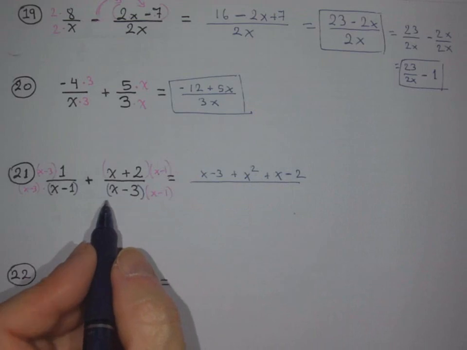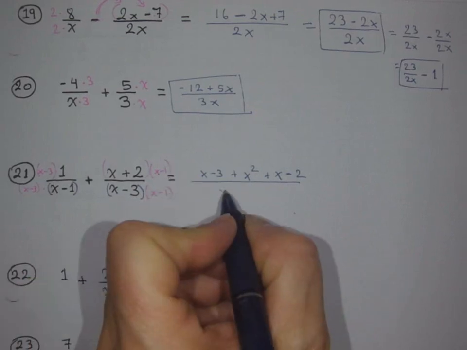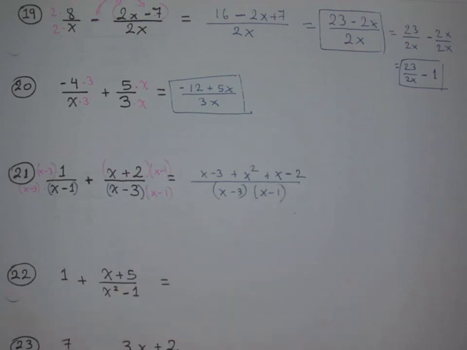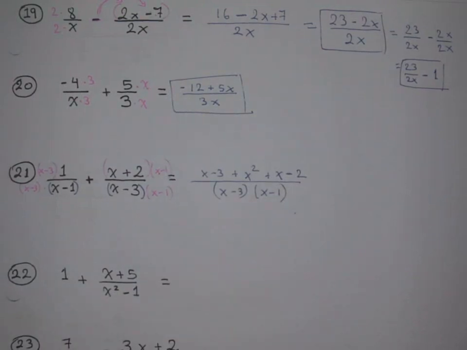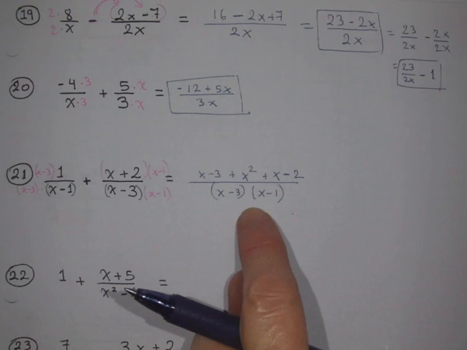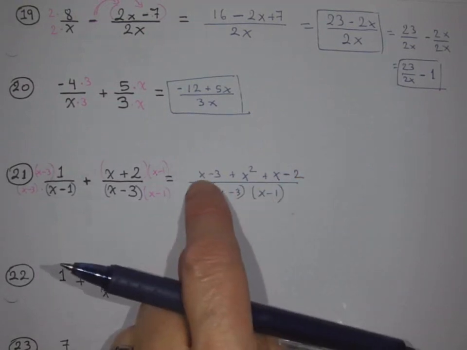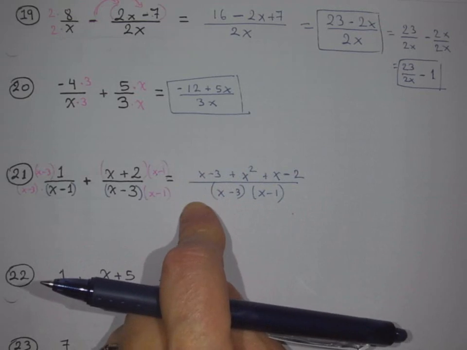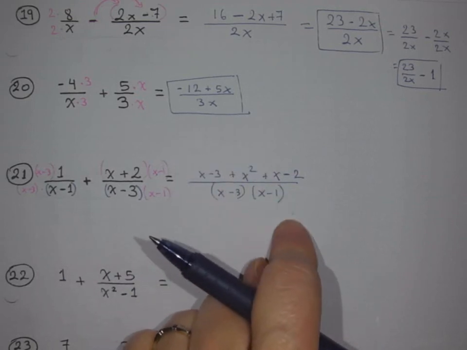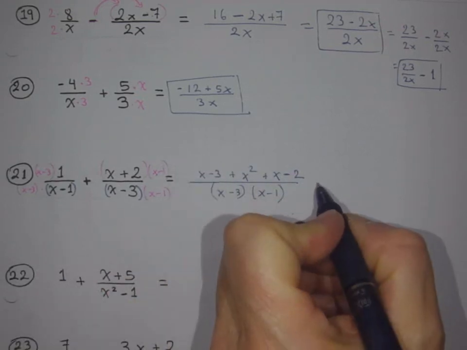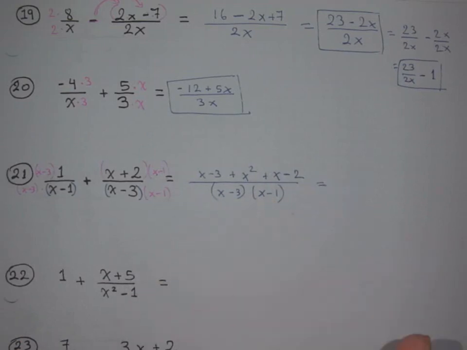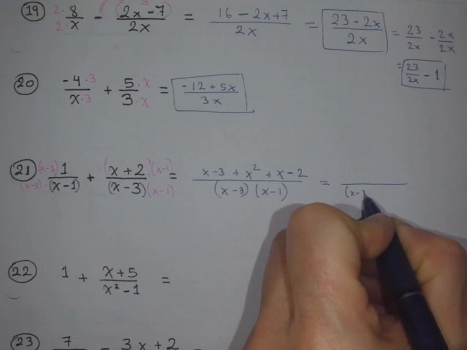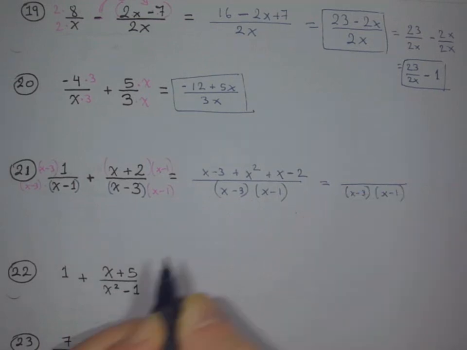And then over my common denominator of x minus 3, x minus 1, I'm going to leave this in factored form to see if eventually I can simplify anything, right? So I'm not going to FOIL those out. I'm going to go ahead and simplify my numerator, see if I can factor it again, and see if anything cancels with any of those two down here, okay? So leave your denominator in factored form.